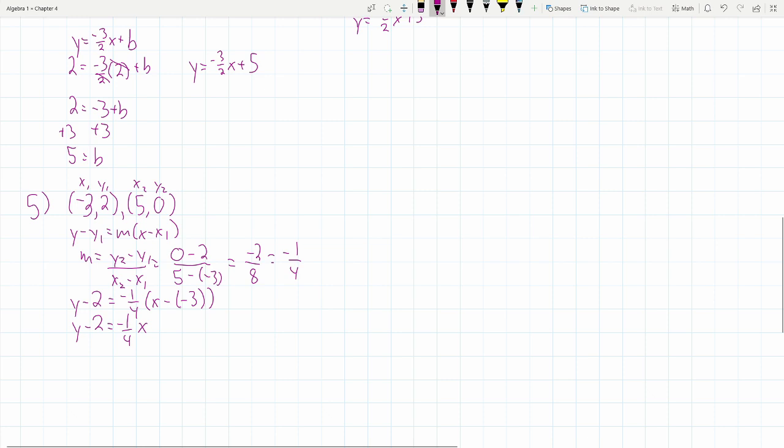That becomes a plus 3, and then times the negative 1/4 makes it negative 3 over 4. I add 2 to both sides. I know it's kind of scary adding 2 to a fraction, but what this winds up being is negative 1/4 x plus 1 1/4. You might have written this as 5/4, and that's fine too.